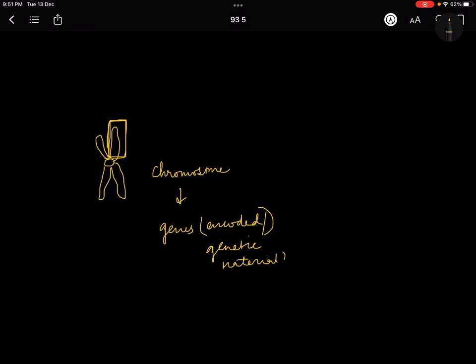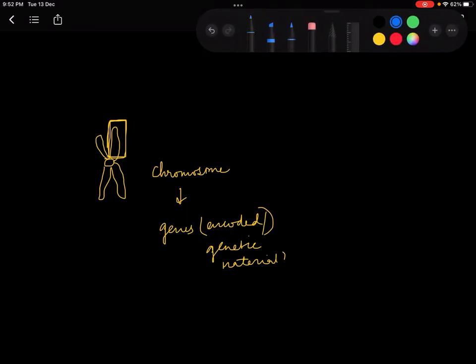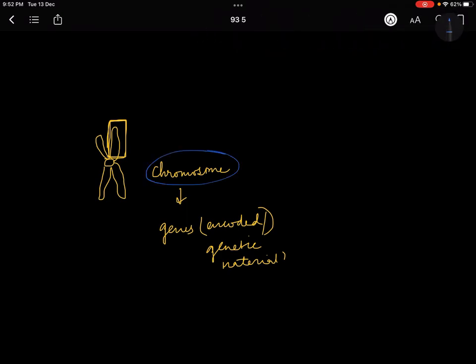So if any part or segment of a chromosome is missing, it means that some deletion has happened. If I draw a chromosome like this, it should have been like this, but now what happens is only this much remains, and the rest part cuts out or gets deleted.